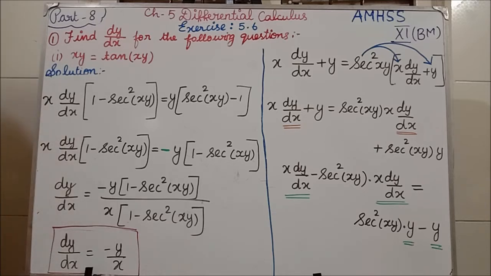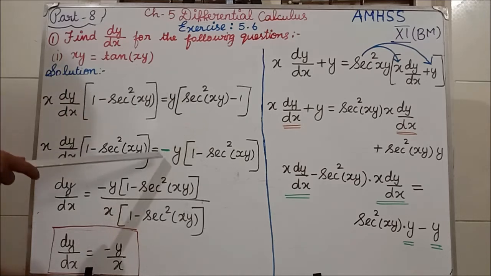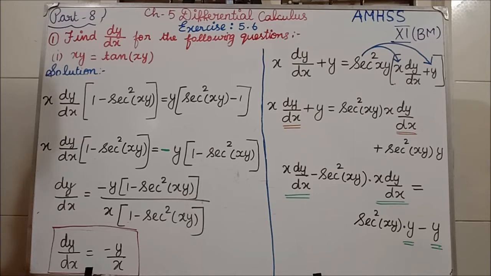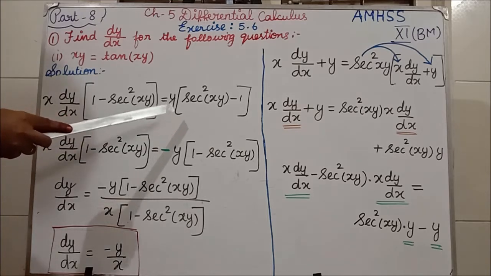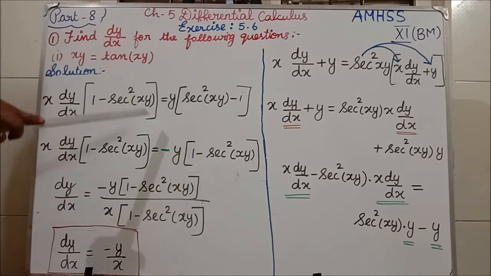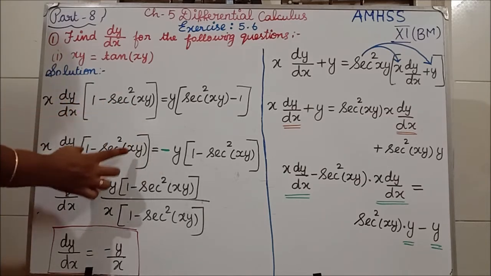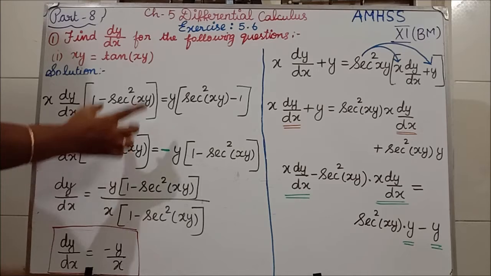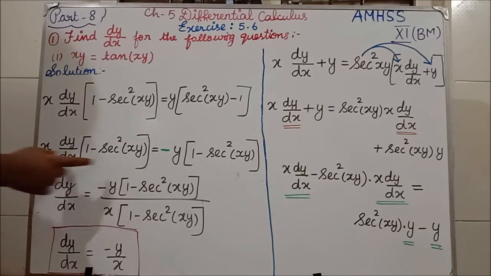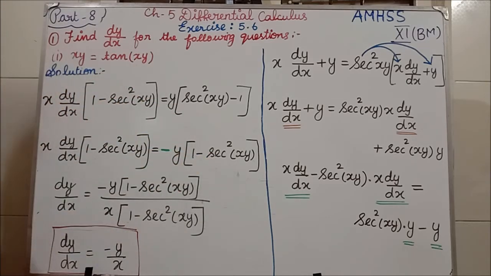If you take minus commonly out, see this step I have written as such here, equal to, here I am taking this minus commonly out. So we are having 1 minus secant square xy, the same 1 minus secant square xy I am writing here also.